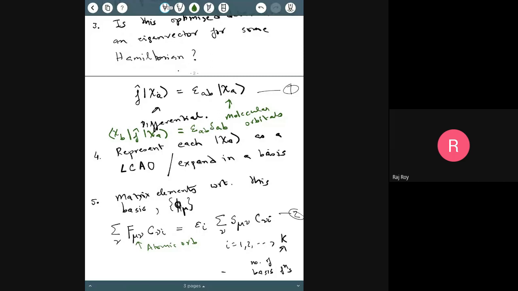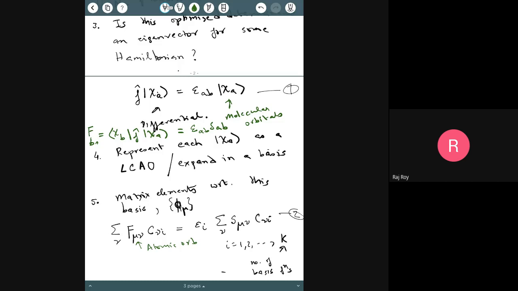So the diagonals would be energies of the orbitals. This was also called F BA or something. So F BA and F mu nu are different. F BA is in the molecular orbital basis, so these are the expectation values of the Fock operator with respect to the molecular orbitals.